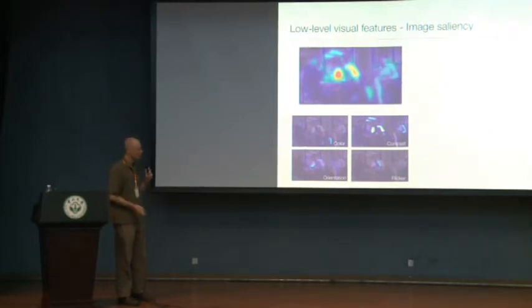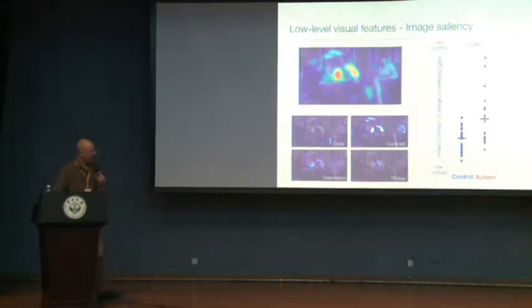You have to have people rate the video. But the lower level ones can be defined objectively from a computational model of saliency. So you can ask where on each frame there are particular color or contrast or brightness changes. And it turns out that there is a group difference there between controls and autism.